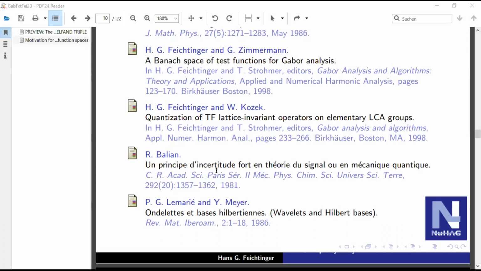That was the motivation for Yves Meyer, as he told me personally, to try to prove that the same thing is true for the affine case, until to his own surprise, he found out that orthogonal wavelets can be constructed. Meanwhile we have a huge number of such orthonormal wavelets, and they are very useful, and everybody knows, of course, how to use them.